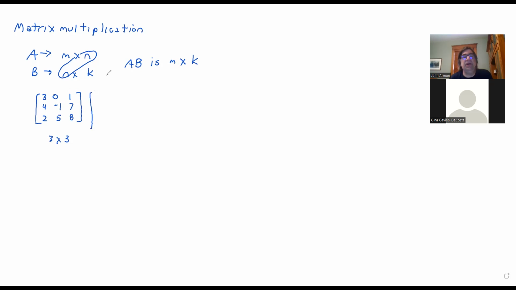And the only thing you need to make sure of is the number of rows in matrix B has to match the number of columns in matrix A. So you need to have something with 3 rows. So let's do a 3 by 2, for example. So 3 rows and 2 columns. Let's say this is matrix B right here.